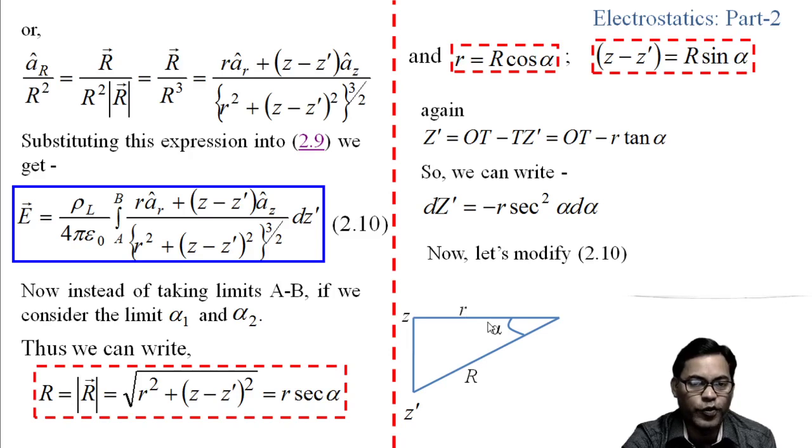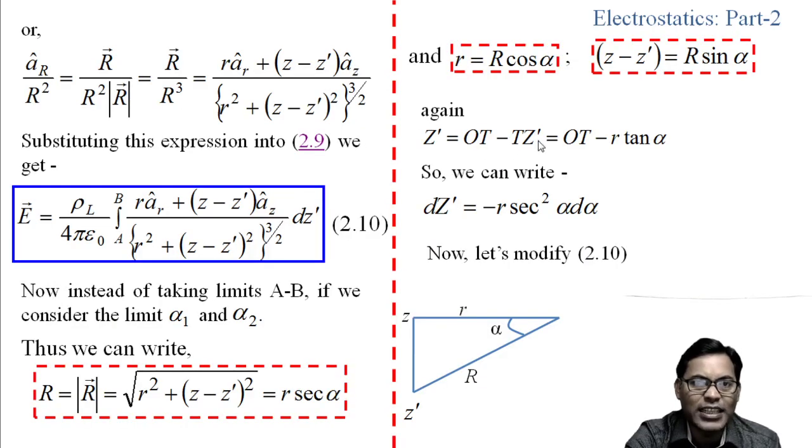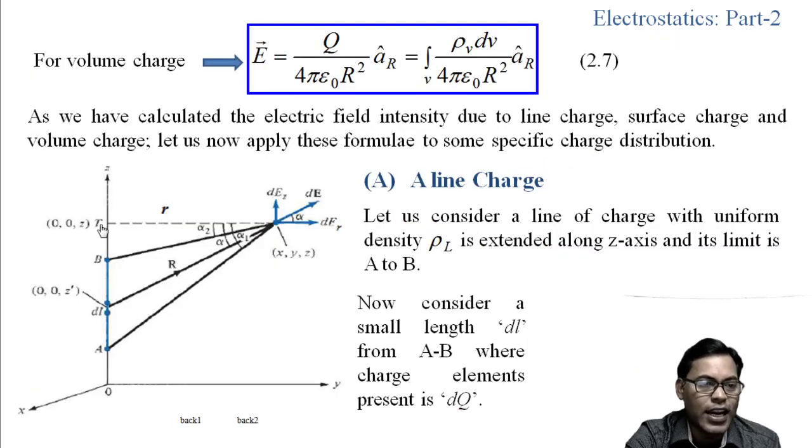Now again, if we consider z prime, it means the position where the dl is present. So z prime equals OT minus TZ prime. Here this is T, and OT is a constant value. Again OT minus TZ prime. So here you see that TZ prime.